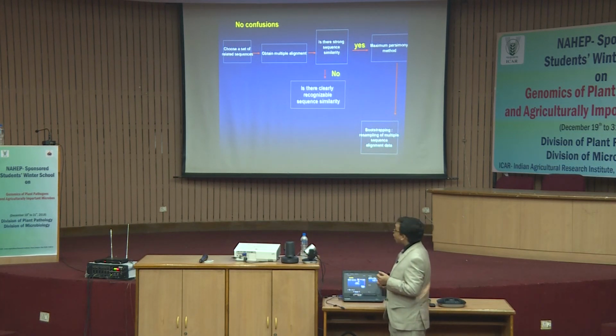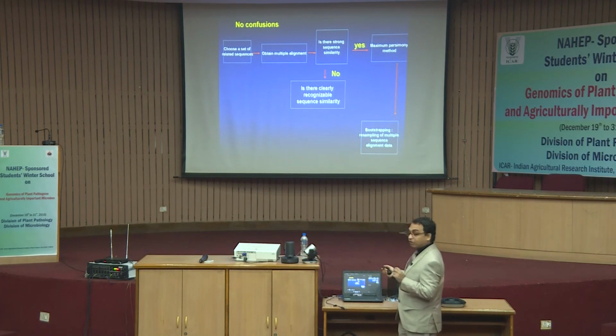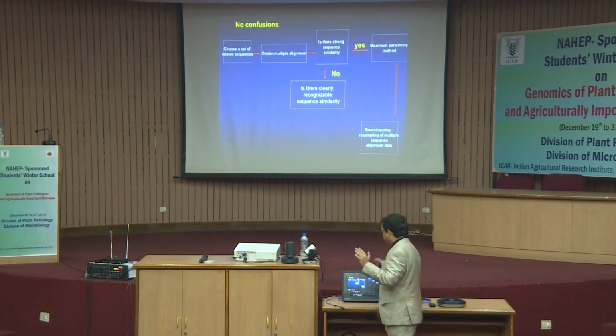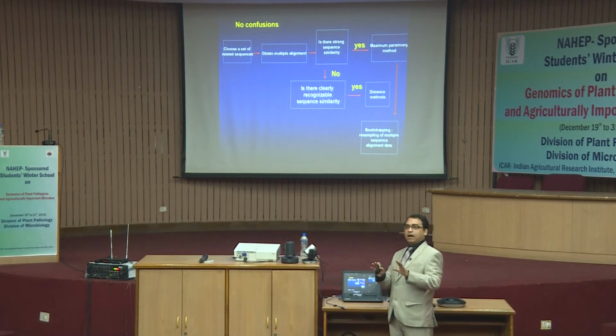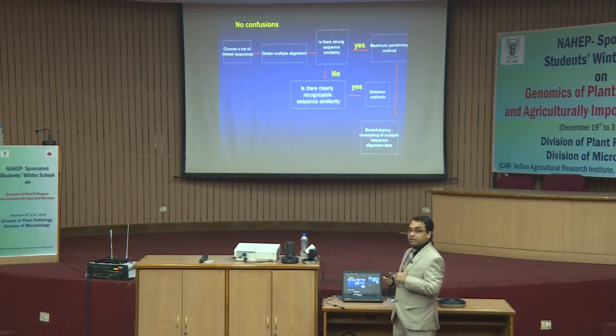If the sequence similarity is not strong, then the question is whether there is clear sequence similarity or whether it is totally different. If yes, it is clear, 60% or 50% or 70% similarity, not 95% but 60-70% similarity, then go for a distance based method, that is the neighbor joining method.